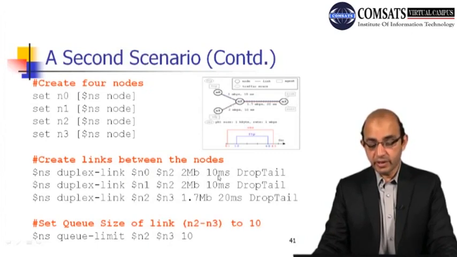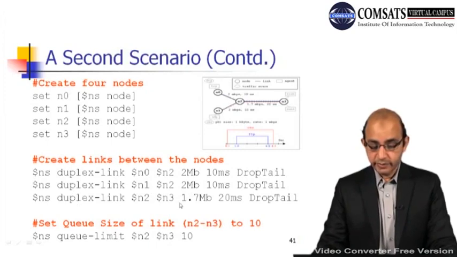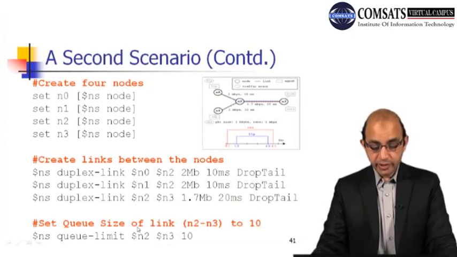This is the bandwidth, this is the delay, and this is the queue type, DropTail. ns duplex-link between n1 and n2, bandwidth, delay, and the queue type. n2 to n3, 1.7 megabit, 20 millisecond delay, DropTail. Then we have to mention the queue size. Queue limit n2 to n3 is 10, so we can queue 10 packets.